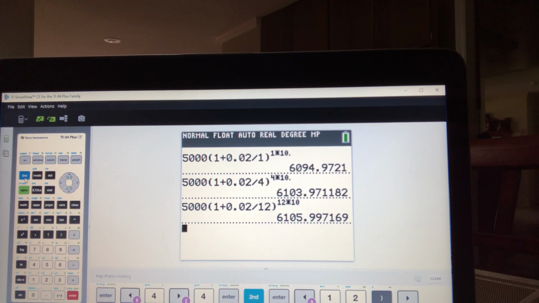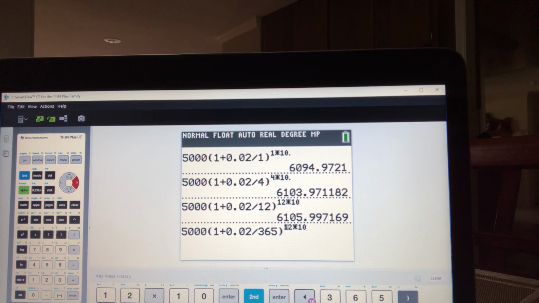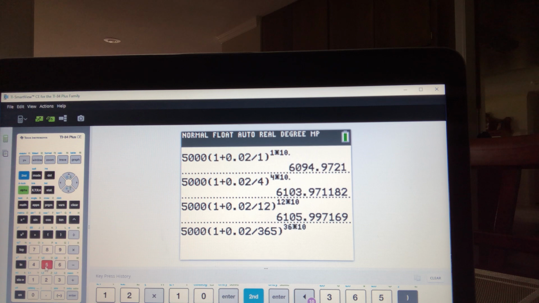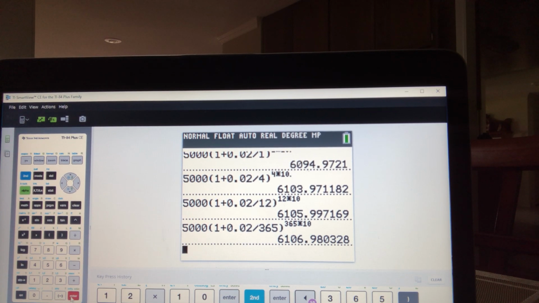Okay, then I'm gonna do the same thing, but with 365. Back this up. Okay, so again, it's gonna mess it up a little bit because now it's 3 digits, but we can fix that. So it's 365, put a parentheses, arrow over here, and then this is 365 times 10. At least we didn't have to change the beginning of it. Okay, so rounded for that one, you would get $6,106.98.